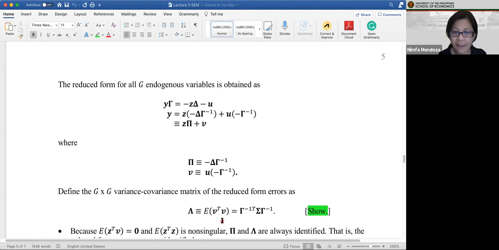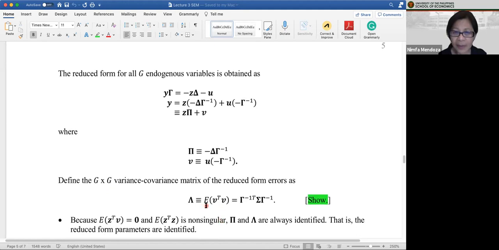So that would be the expected value of V transpose V. Let us define that as lambda, and that would be equal to gamma inverse transpose sigma gamma inverse. I'd like you to show that. Again, that is not difficult. You just use this definition of V.